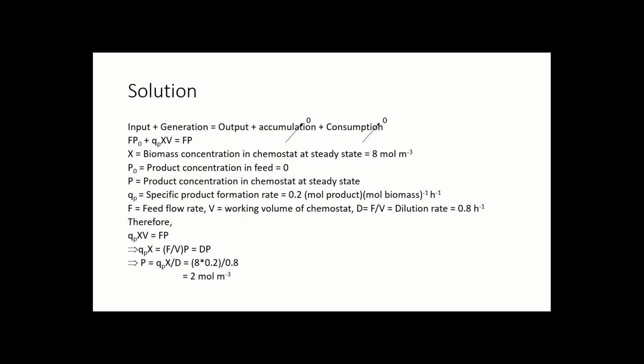Now if we want to solve this, firstly we do the product balance. Suppose it is a chemostat where the volume is constant, and there is a feed flowing at a rate of F. In the feed suppose there is biomass concentration x naught, substrate concentration S naught and product concentration P naught.